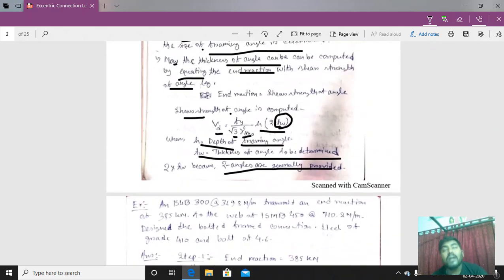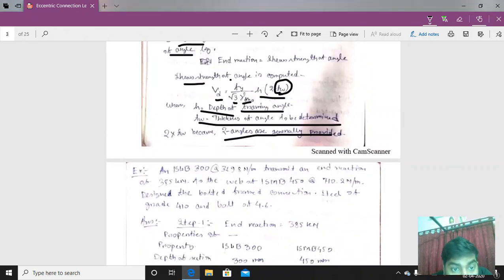Now what is the shear strength? The shear strength Vd will equal the reaction force, because the thickness has to be such that it can resist that much reaction. So depending on the reaction, we have to design the thickness.